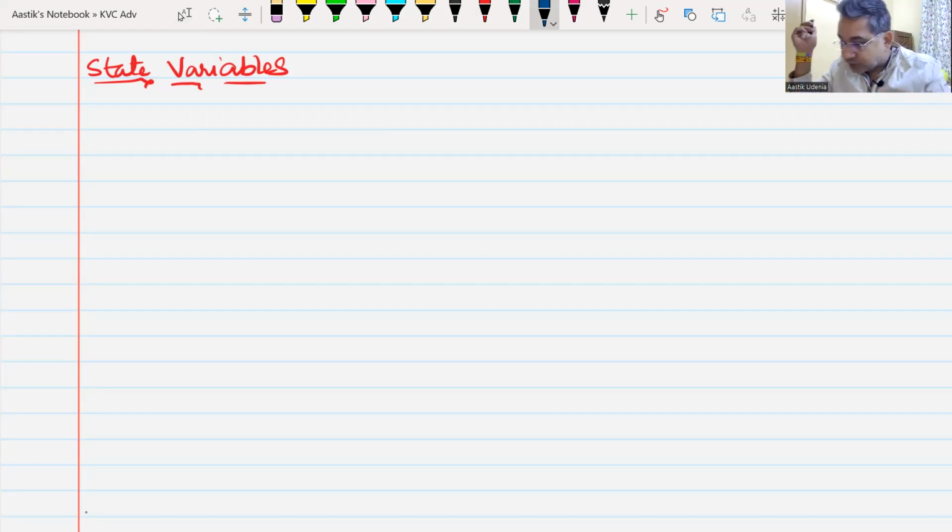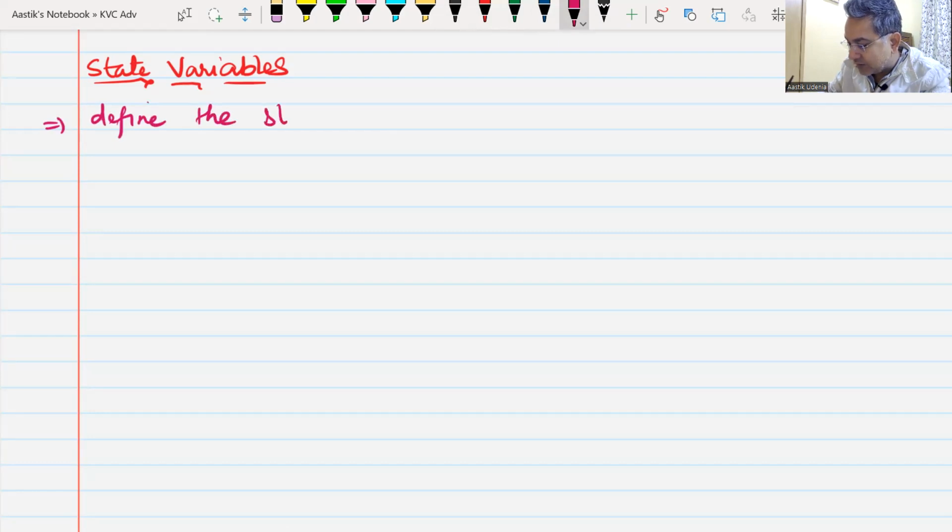Similarly, state variables are the terms that tell us the property or state of the gas. State variables define the state of a gas.